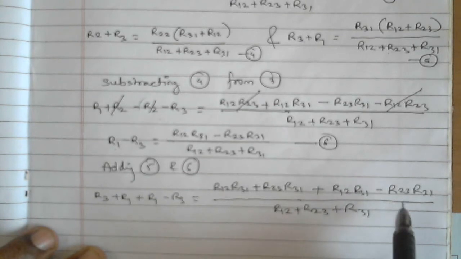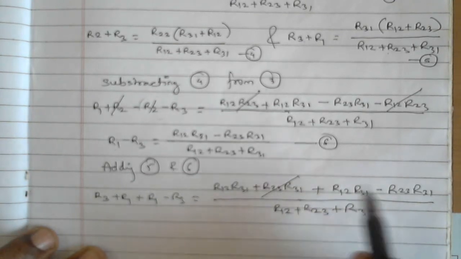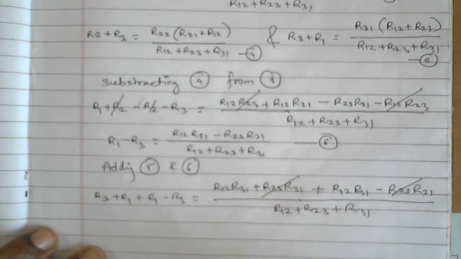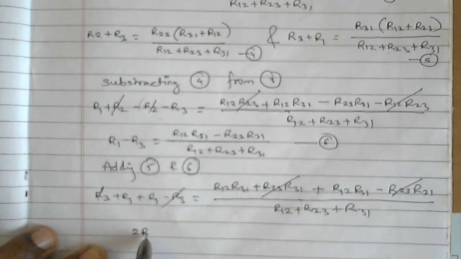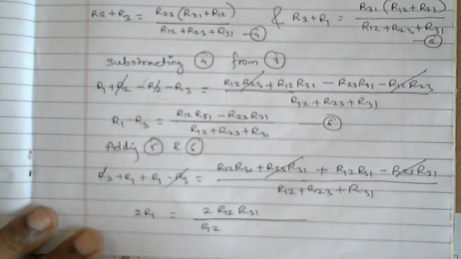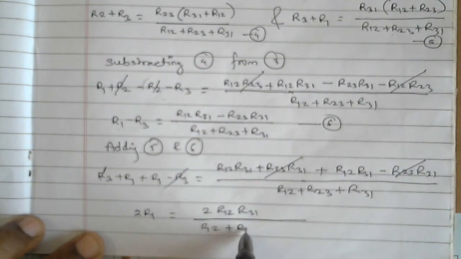Now here minus R23 R31, these two will get cancelled, right? R12 R31 and R12 R31. So here also R3 and R3 cancel. So 2 R1 equals 2 R12 R31 divided by R12 plus R23 plus R31.